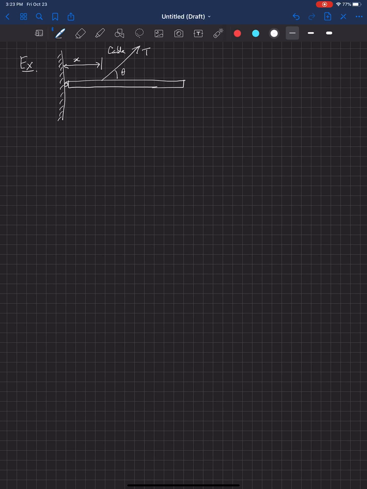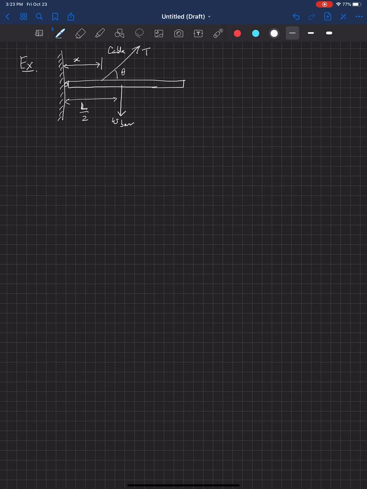Okay? And I'm going to assume the weight of the bar is at the center of the bar. So this is W bar. And just like in the previous problem, let me assume this distance is L over 2.